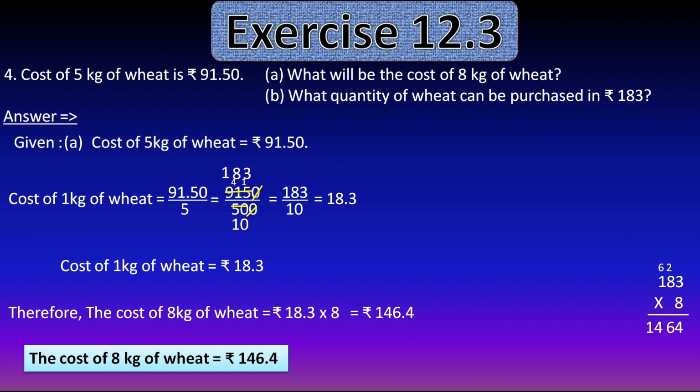Okay. Now we have to find what quantity of wheat can be purchased in rupees 183. Okay. So for this, I'll give you one method. See here. We all know that in rupees 18.3, we can purchase 1 kg of wheat. So we have to find out in rupees 183 how much kg of wheat can be purchased. Okay.